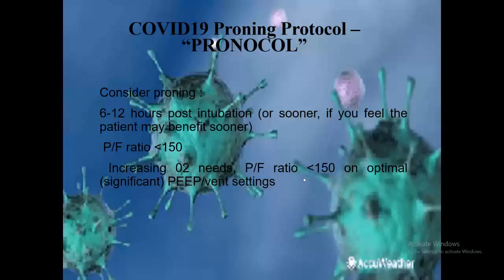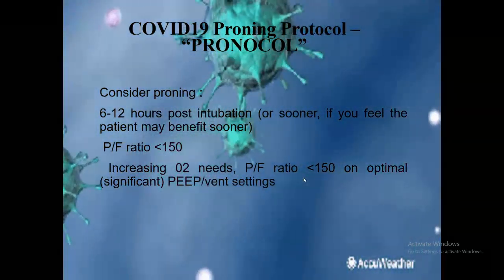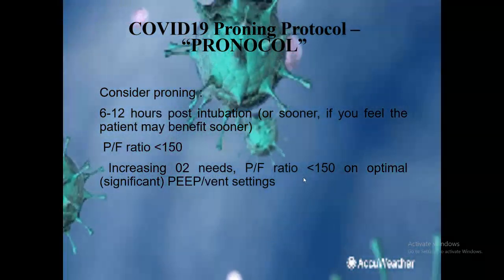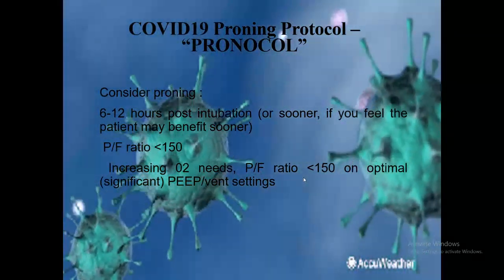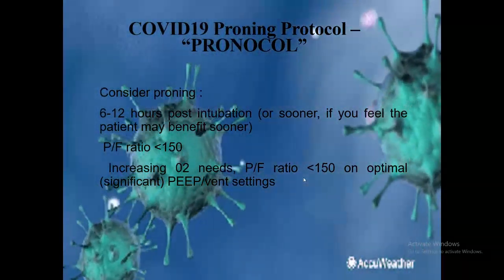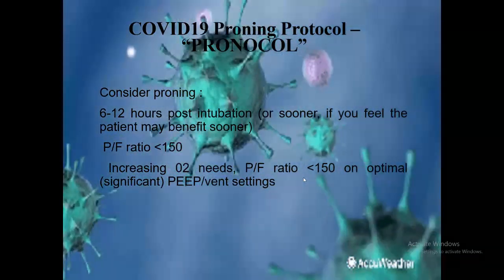So this is an example of the protocol for prone position. In this protocol, we consider proning the patient very early, from 6 to 12 hours post intubation, or even sooner if you feel the patient will benefit from prone.